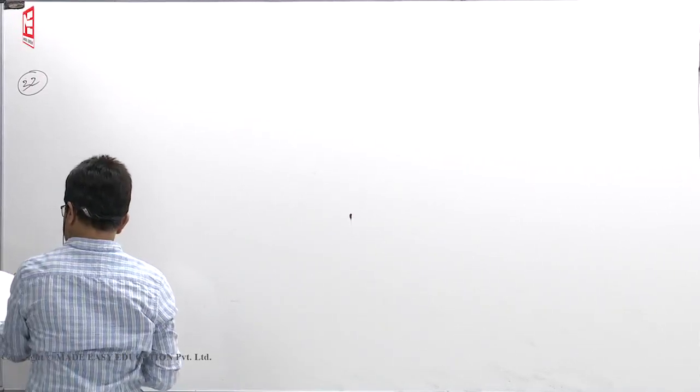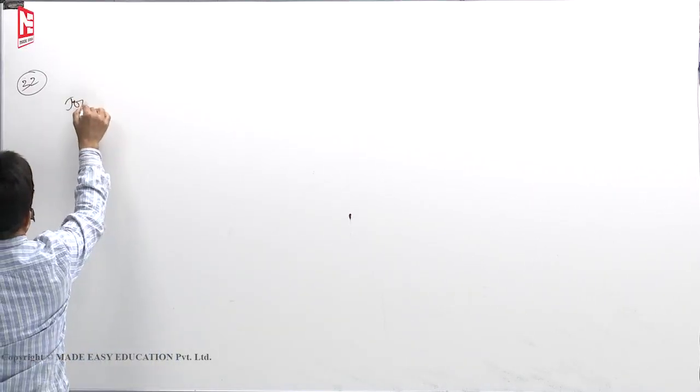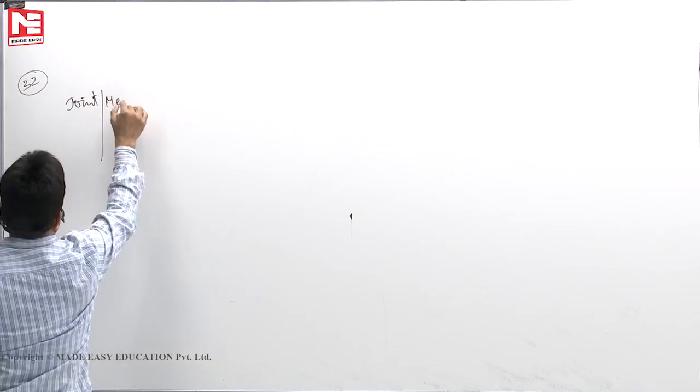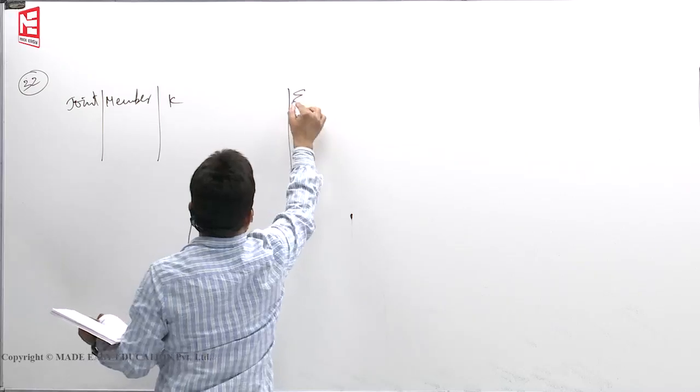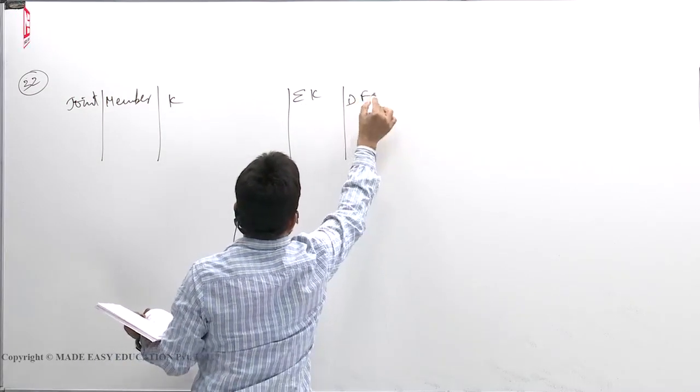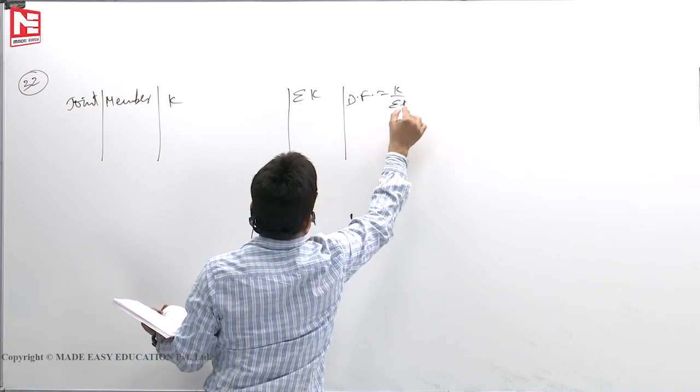We have to find distribution factors. So joint, member K, sigma K, K by sigma K.